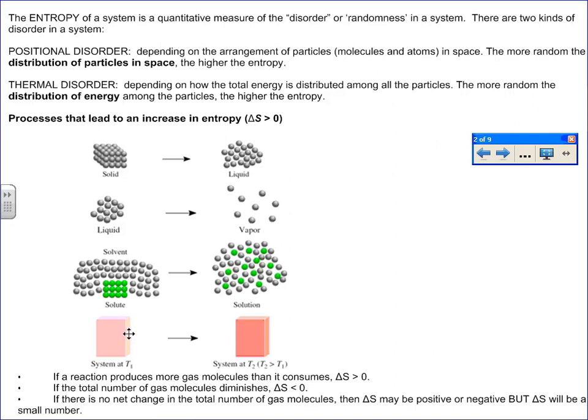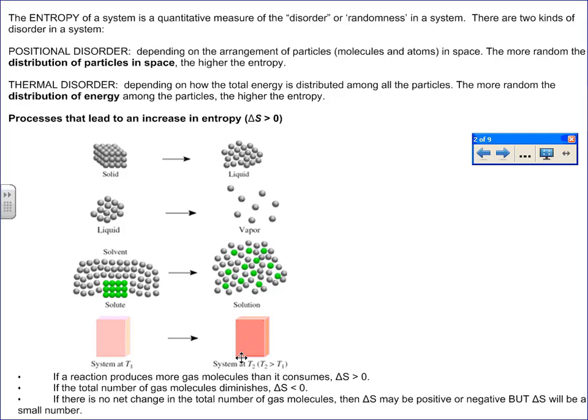Now, the temperature of the system also has an effect on the disorder. The greater the temperature, the greater the thermal disorder, so that's going to be an increase in entropy. The other thing to consider is when you have a chemical reaction, you're going to look at the gas molecules before and after the reaction. A reaction where there are a greater number of gas molecules in the products is going to give an increase in entropy.